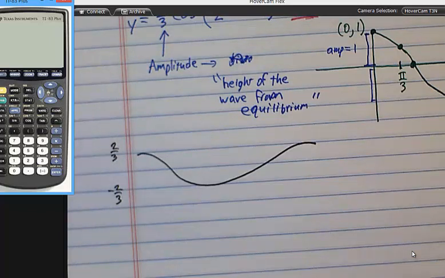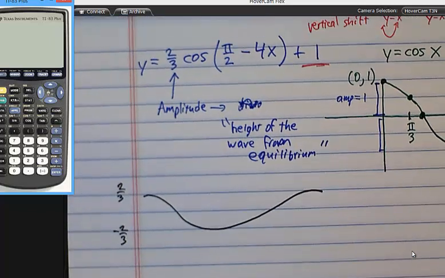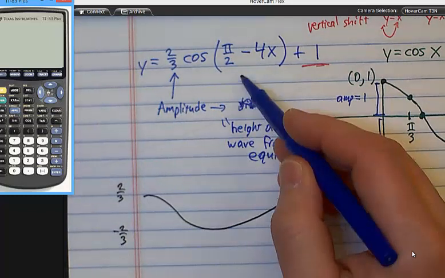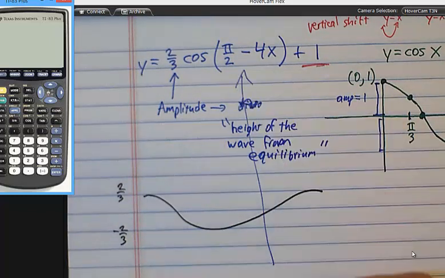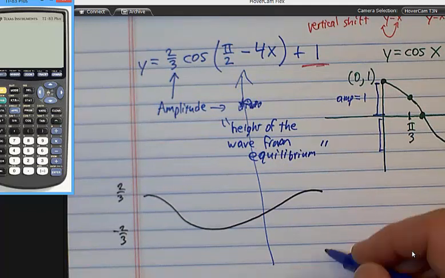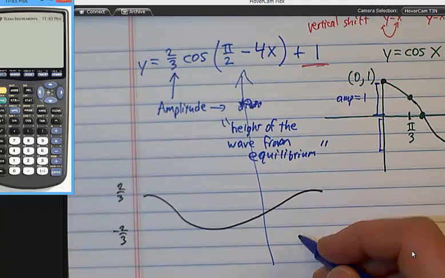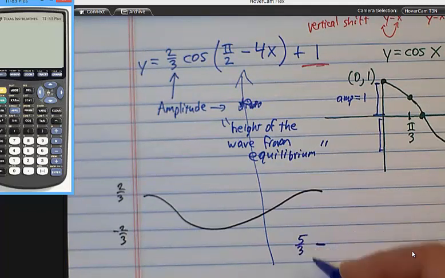So when I go to graph this function, it goes as high as, let's see, if I want the maximum value, how about I say it's 5/3?